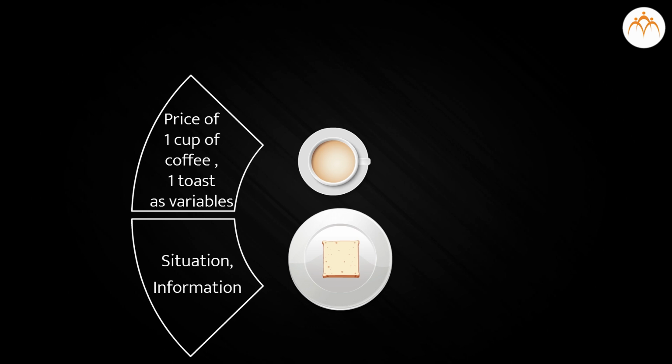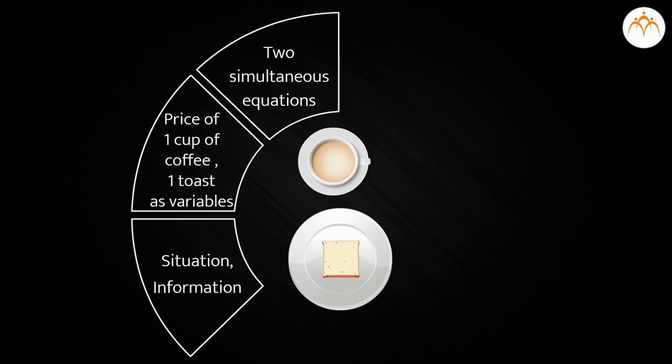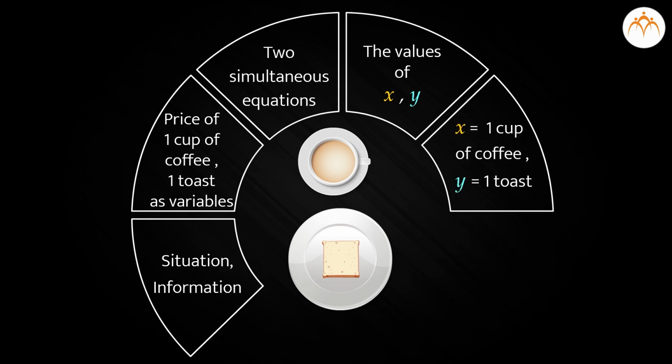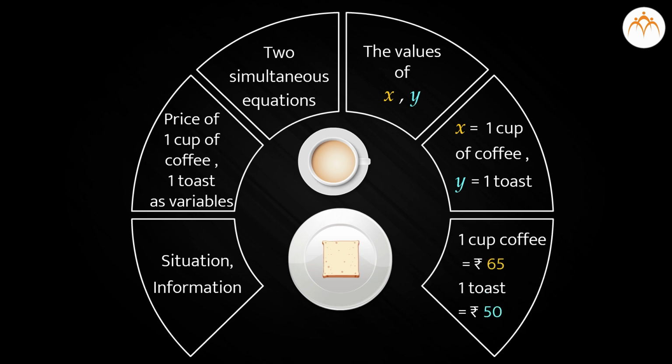We expressed their total cost using these variables based on the number of coffees and toasts, and we obtained two simultaneous equations. Now, we already know how to solve simultaneous equations. We found the solution, that is, the values of x and y using the appropriate method. We substituted the price of one cup of coffee and one toast for x and y respectively.